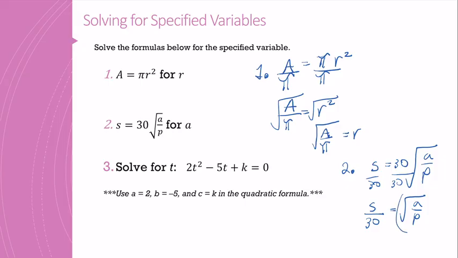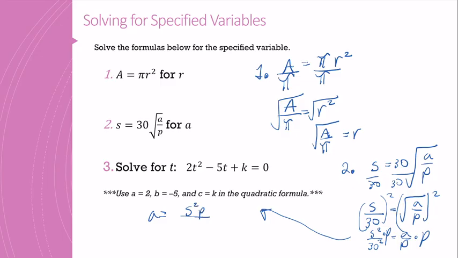So I get s squared over 30 squared is a over p, and if I multiply both sides by p, that's going to get my a all by itself. So I have a equals s squared p over 30 squared.